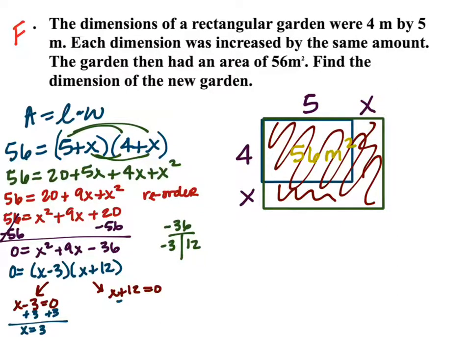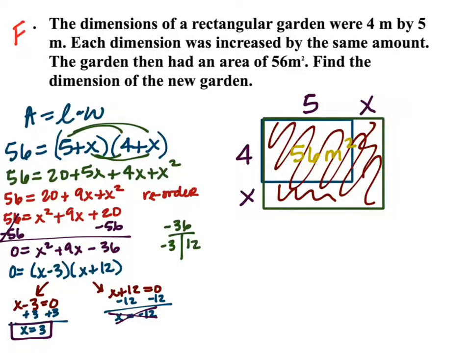Over here, I'm going to subtract 12 from both sides just to make sure that I don't have two possible answers, because that could be likely. But in fact, I don't. I'm going to cross this one out because it has a negative value, and in this application, I can't have a negative measurement length.